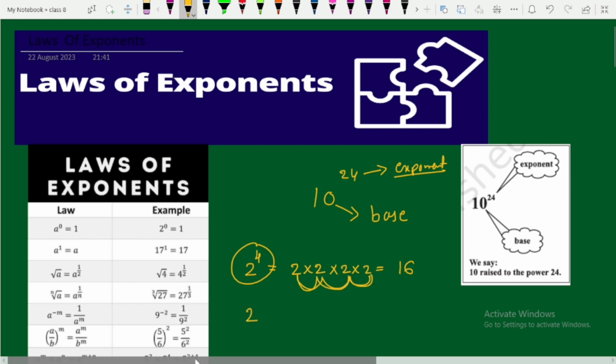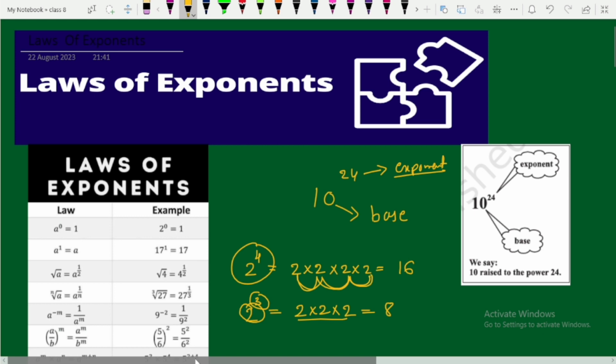In the same way, 2 raised to 3 means we multiply 2 three times, so that is 8. So the power tells how many times you write the base number: 2 raised to 3 is 2 into 2 into 2, that is 8.